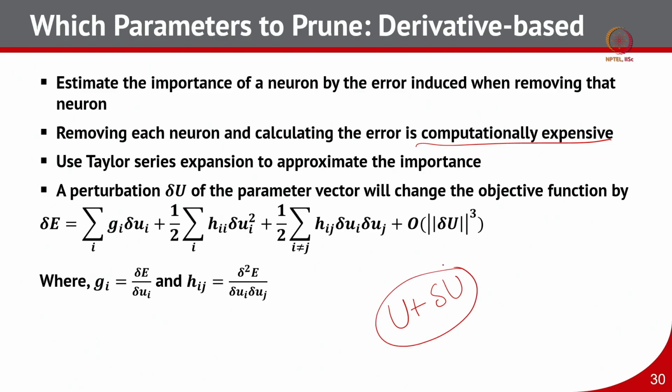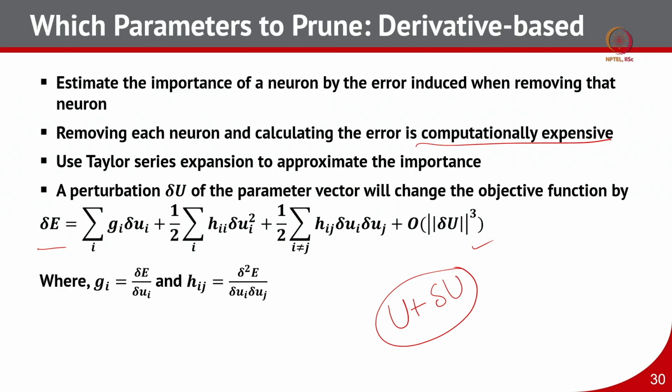If we do that, then we can express this delta E as a particular expression: delta E equals the summation of g_i multiplied by delta u_i, plus half of the summation of h_ii delta u_i squared, plus half of the summation of h_ij delta u_i delta u_j, and then order of delta u to the power 3.